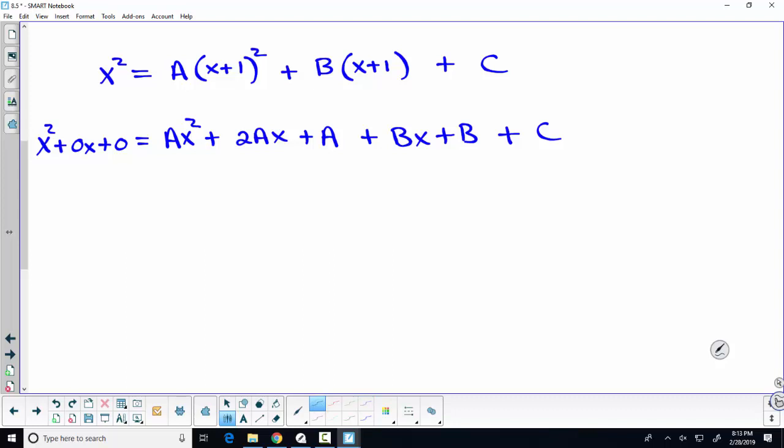That means we have our x squared equal to Ax squared, and that's the only x squared term we have. So what does that equation mean? Yeah, A equals 1.